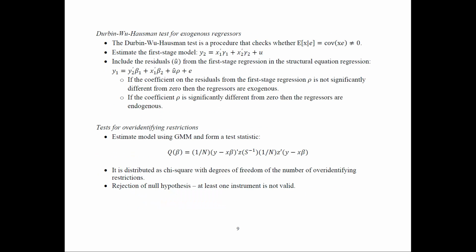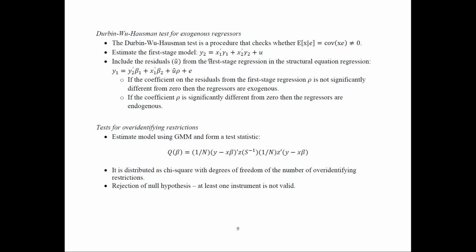The next test that we can use is the Durbin-Wu-Hausman test for endogenous regressors, and this is the procedure that would check if the covariance of X and E is not zero. So how would we do that? We could estimate the first stage model where you have Y2, the endogenous variable, regressed on the exogenous variables from the structural model plus the instruments that don't belong there.